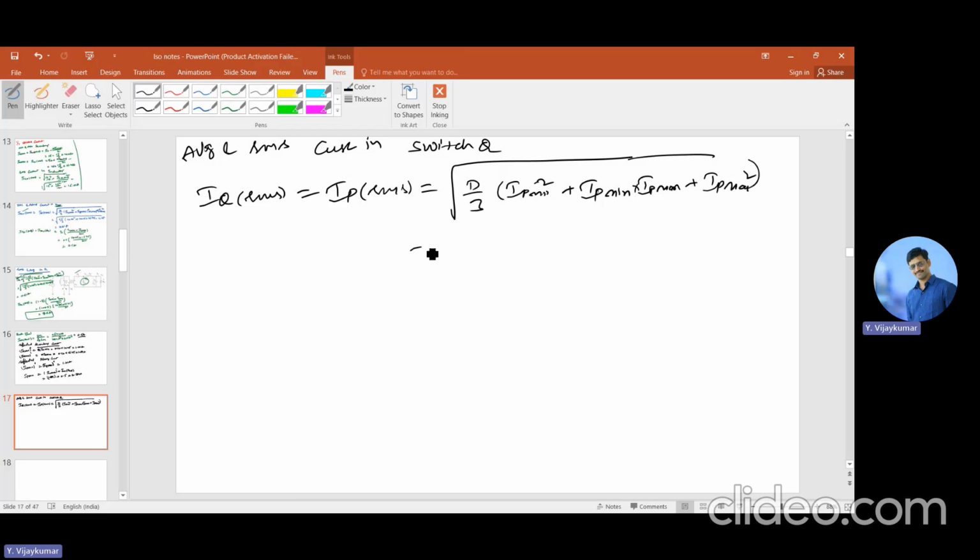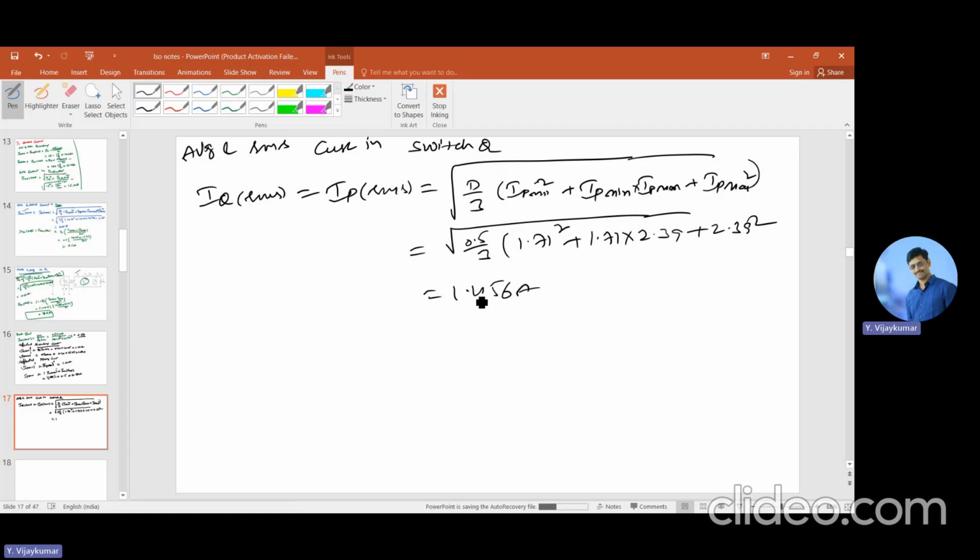So that is equal to square root of 0.5 divided by 3, 1.71 square plus 1.71 into 2.39 plus 2.39 square. That is equal to 1.456 amperes. So this is the IQ RMS.